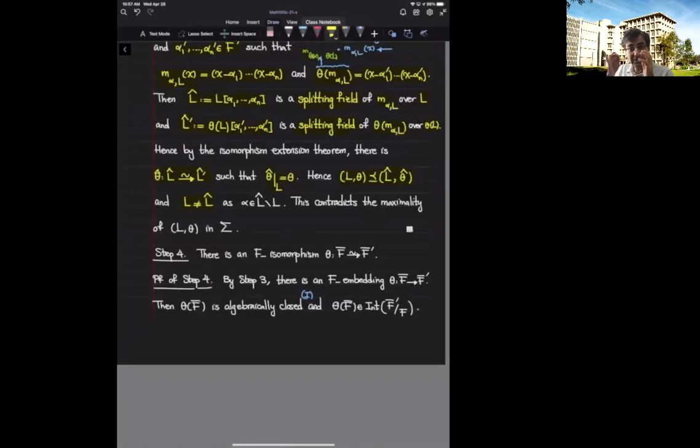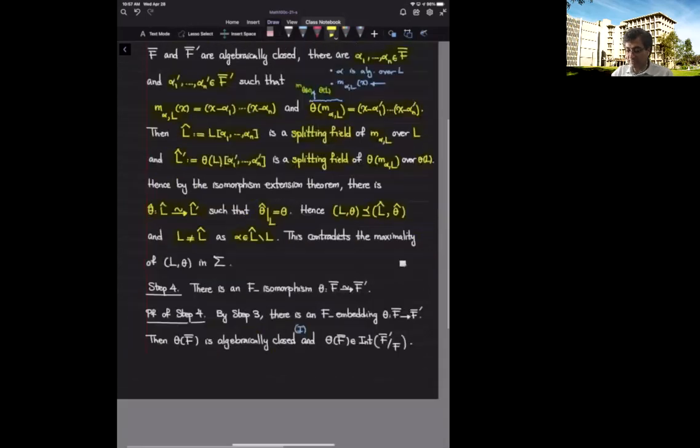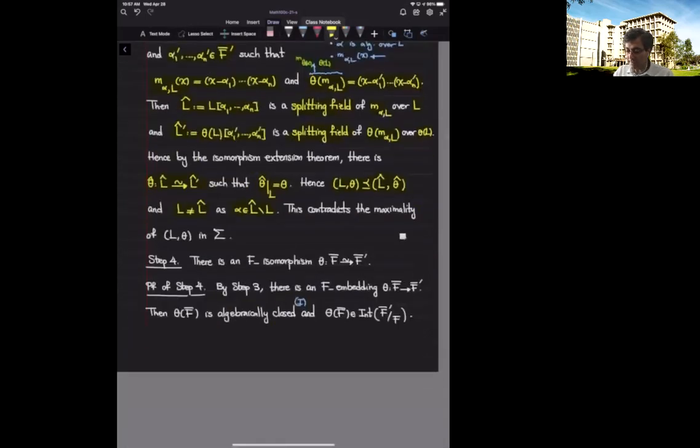It's a genuinely larger pair. But that's a contradiction, because the pair L comma theta was supposed to be a maximal element inside sigma. Now we found this pair L hat comma theta hat in sigma, which is larger than the pair L comma theta, and that gives us a contradiction because this contradicts maximality of the pair L comma theta.